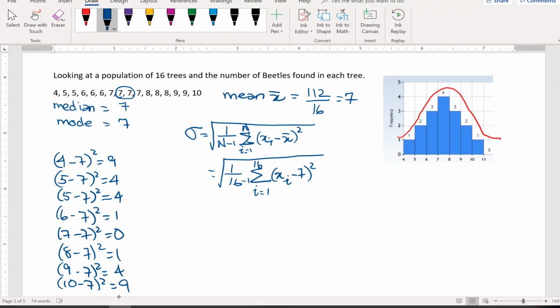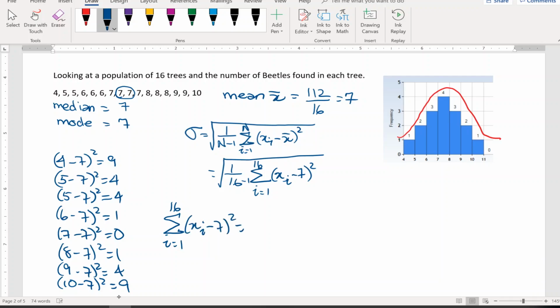Okay, now in our sum, I'm going to write this out here separately. We're going from 1 to 16 because we have 16 values here. What this is saying is to add up all of these values. So let's write this out: x i minus 7 squared.